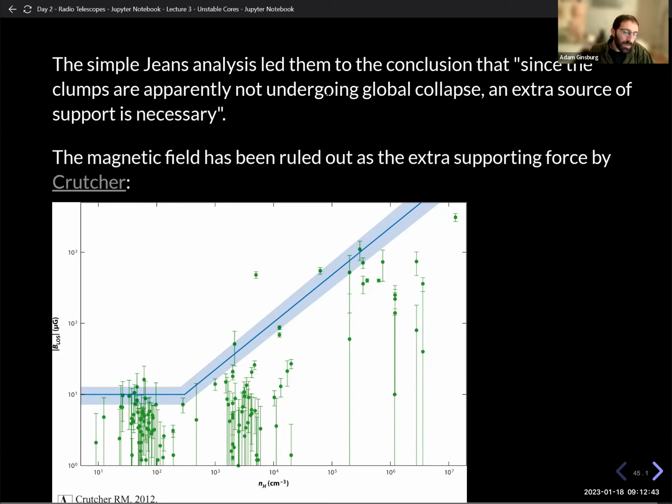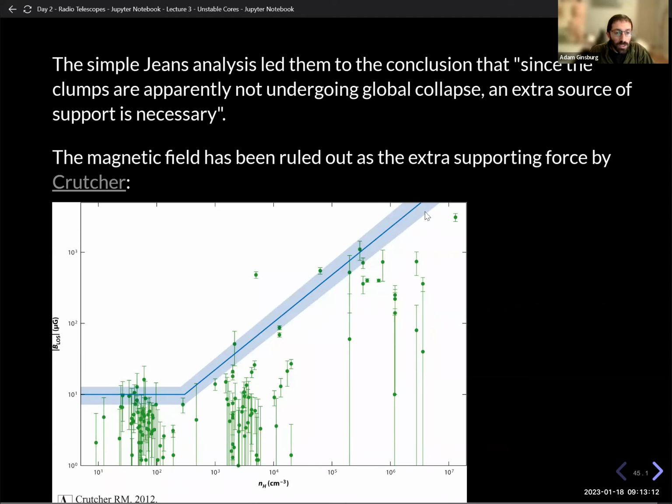The last point I'm going to leave you with for real is that the magnetic field actually has been observationally pretty well ruled out as being an important supporting force by this particular review article, which this is sort of the key figure from it. Let me read the axis here. The x-axis is the density of the gas. The y-axis is the magnetic field strength.